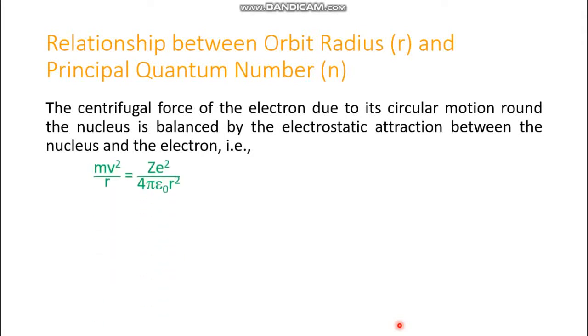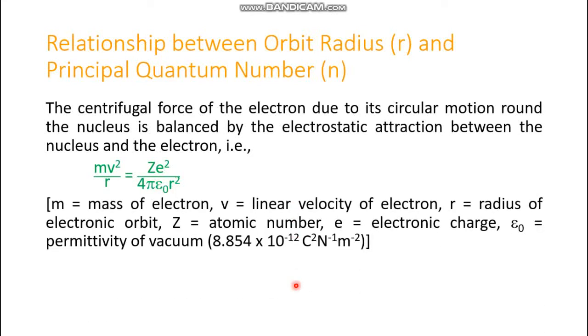That means the equation is mv square by r equals Ze square by 4 pi epsilon 0 r square. Here m is the mass of the electron, v is the velocity of the electron, r is the radius, Z is the atomic number, e is the charge of the electron, epsilon 0 is the permittivity of vacuum, and r again the radius. The value of epsilon 0 is 8.854 into 10 to the power minus 12 coulomb square per Newton per meter square.